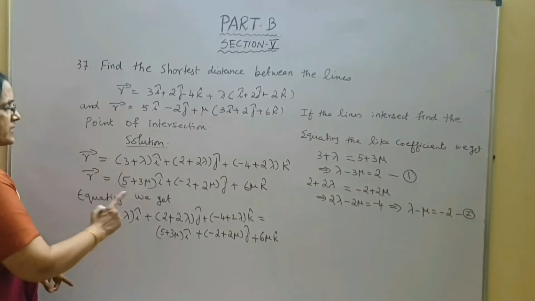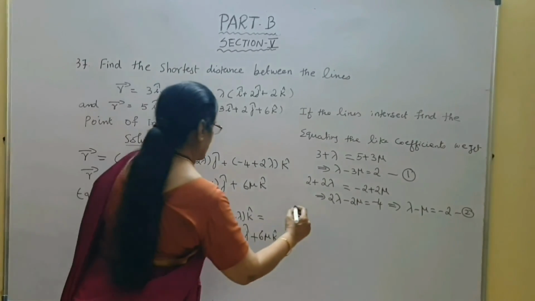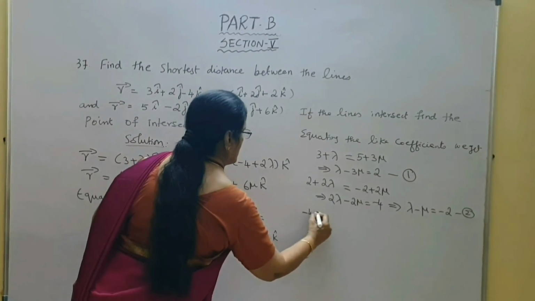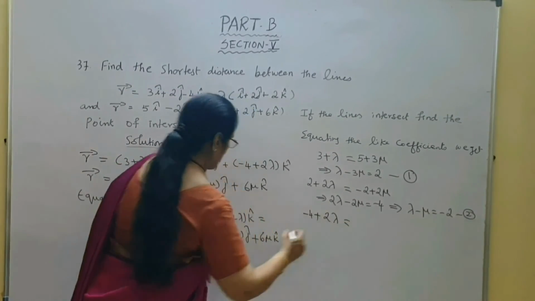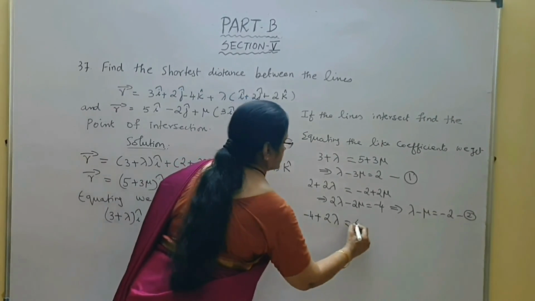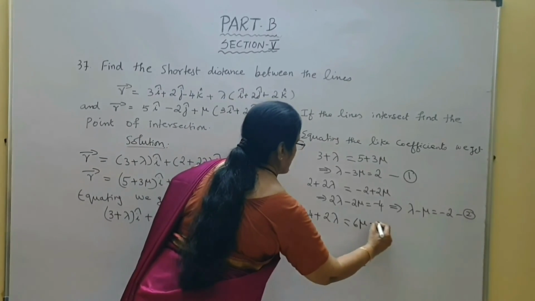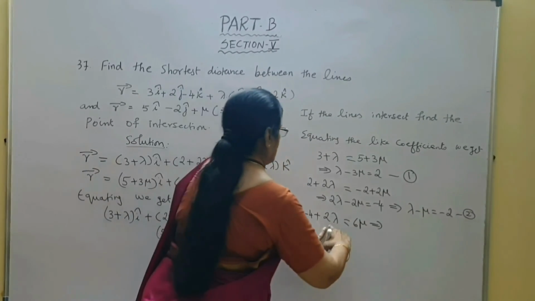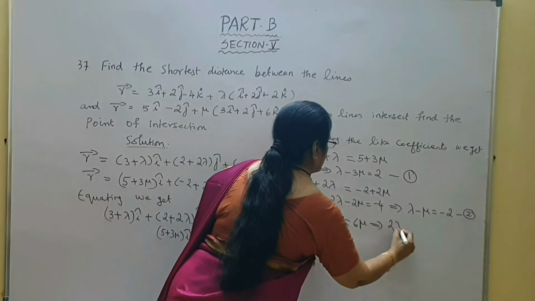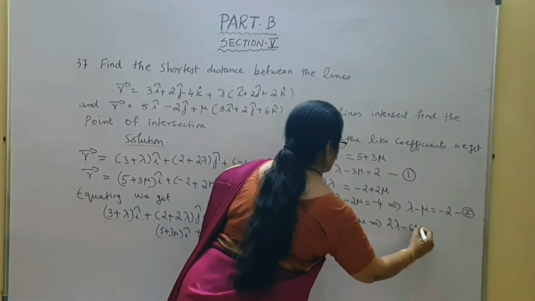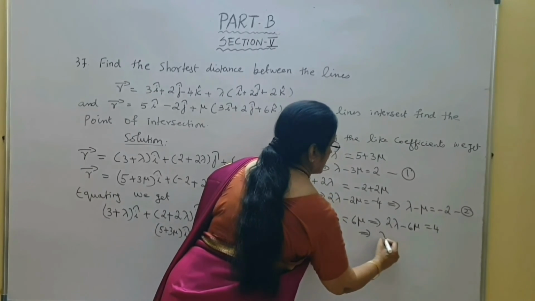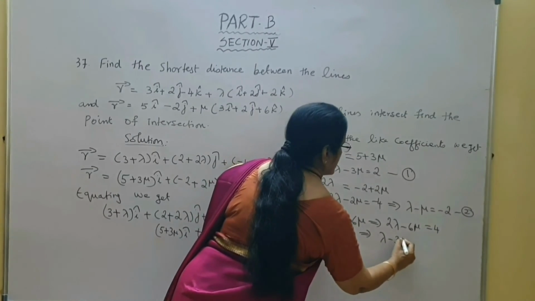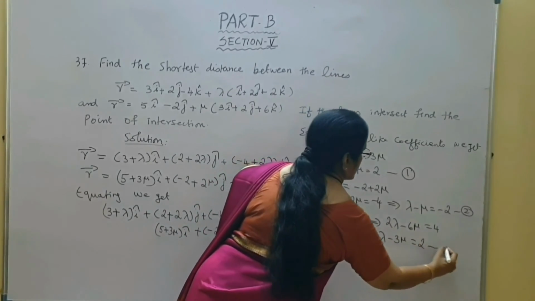Now, equate k cap on both sides. You will be getting minus 4 plus 2 lambda is equal to 6 mu. This implies 2 lambda minus 6 mu is equal to 4. Dividing throughout by 2, you will get lambda minus 3 mu is equal to 2. Equation 3.